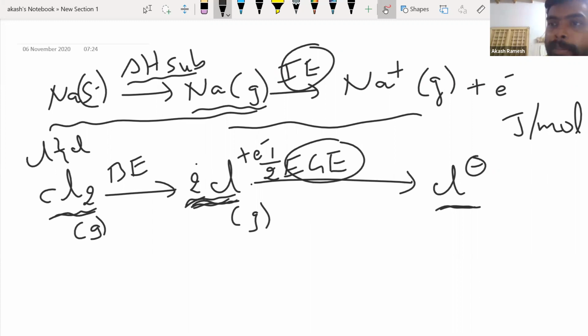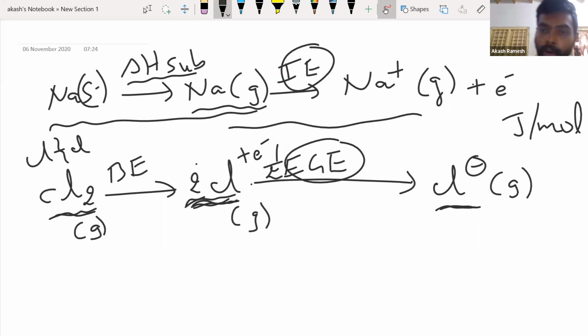If I supply the entire electron gain enthalpy, I will end up with 2 Cl minus, which I don't want. Out of this, only 1 is required. So I require only half the value, 1/2 into the electron gain enthalpy, to form 1 Cl minus, in the gaseous state.